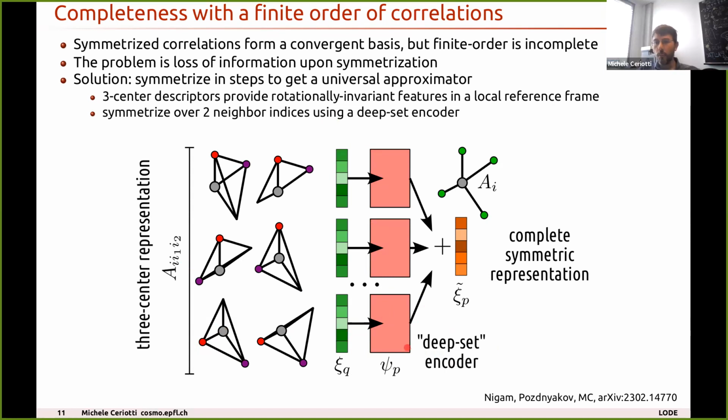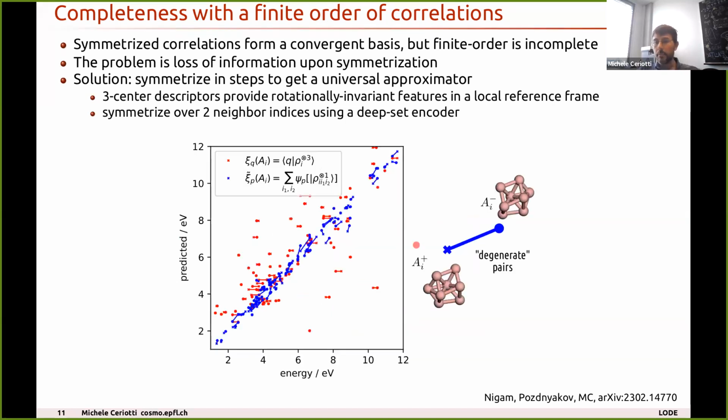There is a whole bunch of universal approximators, and then only after we have applied this transformation, we sum over the neighbor pairs and obtain a description that is fully symmetric, invariant with respect to the labels of all the atoms, and is also capable of differentiating structures that otherwise would be indistinguishable.